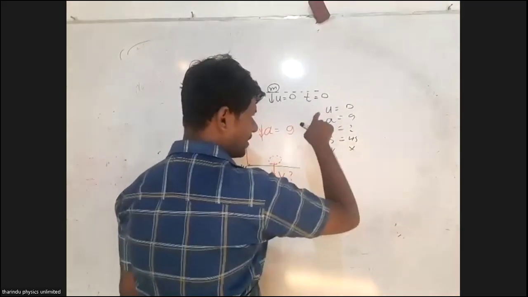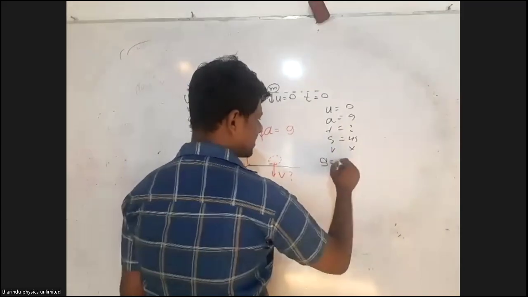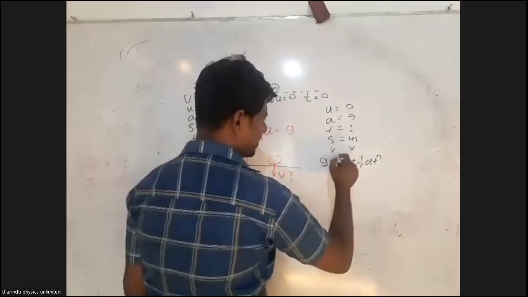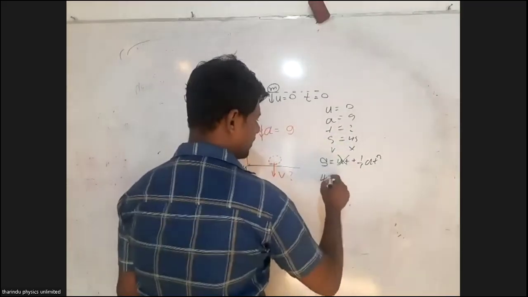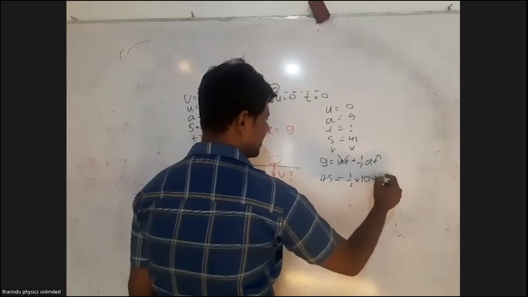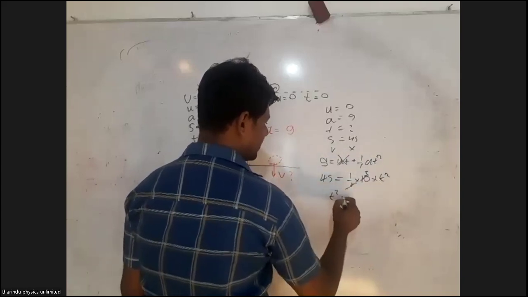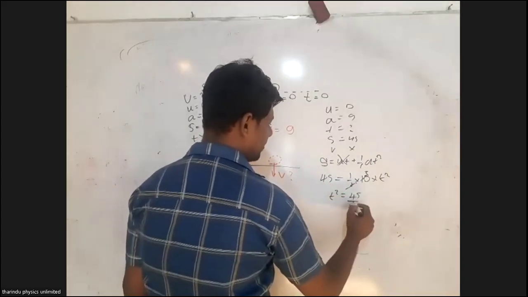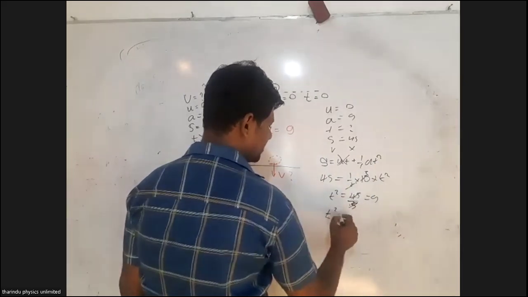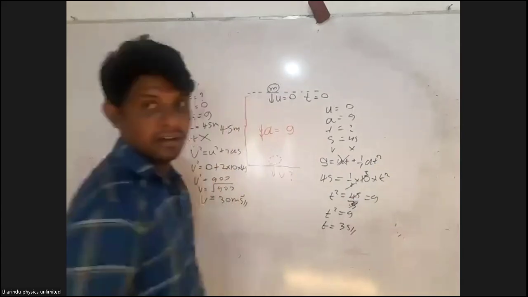There are 4 variables: u, a, t, s. So the equation to apply is s equals ut plus half at squared. So u equals 0. 45 equals half times 10 times t squared, just 5 t squared. So t squared is 45 over 5, which is 9. t is 3 seconds. Very simple.